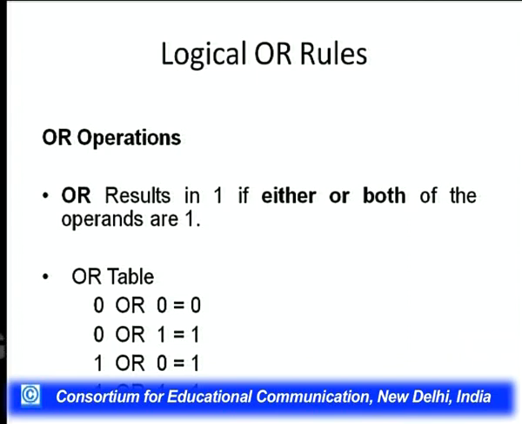For example, if you have 0 or 0, then the answer will be 0. 0 or 1: since there is a single 1, the answer will be 1. If you have 1 or 0, then the answer is again 1, and if you have 1 or 1, since both are 1, then also the answer will be 1.